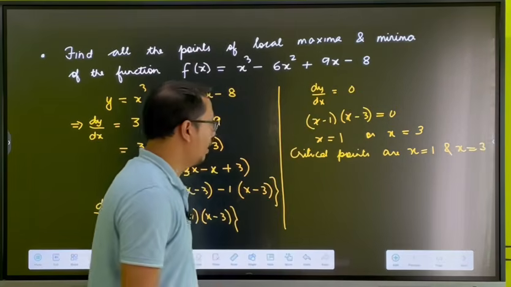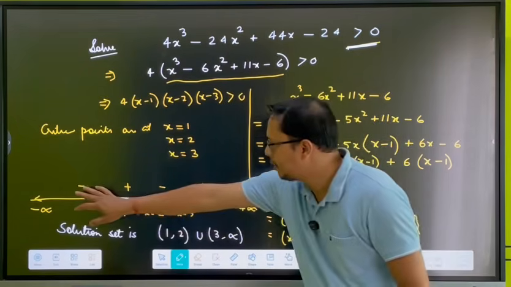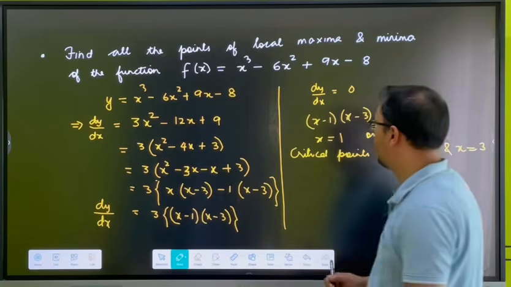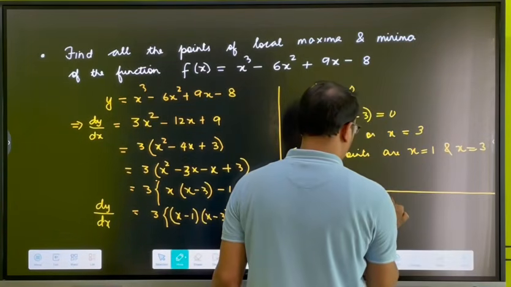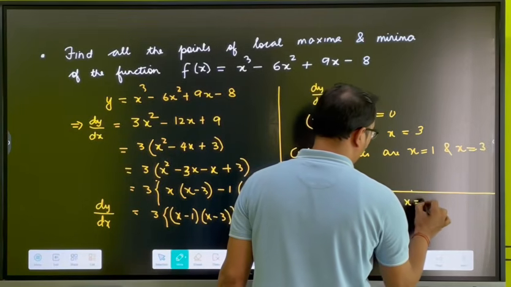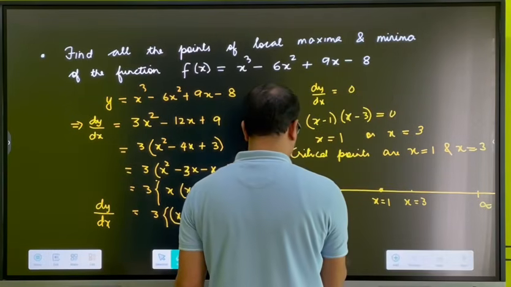Now similarly, like the previous numerical, we have to draw this number line and place the critical points. We will place x equals 1 here, x equals 3 here, this will be the positive infinity side and this is the negative side.